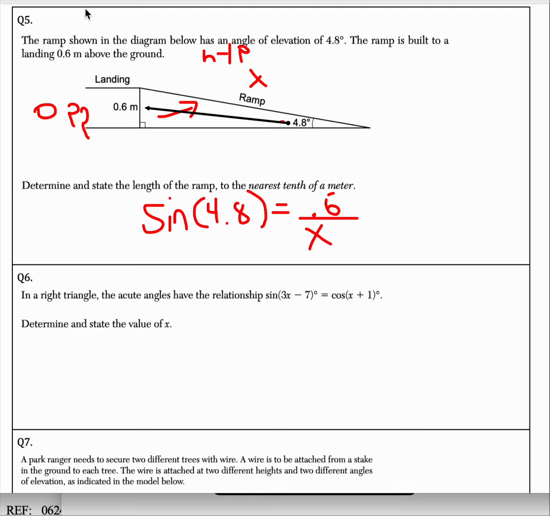Okay, now cross multiply. Remember there's a 1 under here to hold the place value, and you get x times sine 4.8 equals 0.6. Then we're going to divide by sine 4.8.